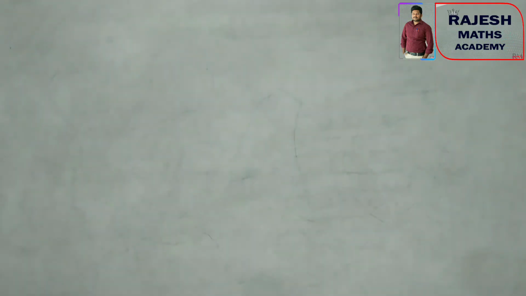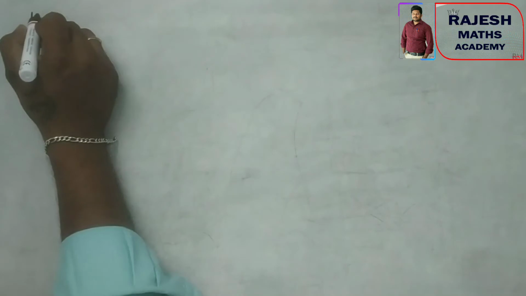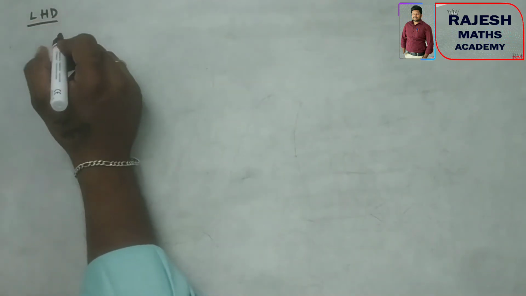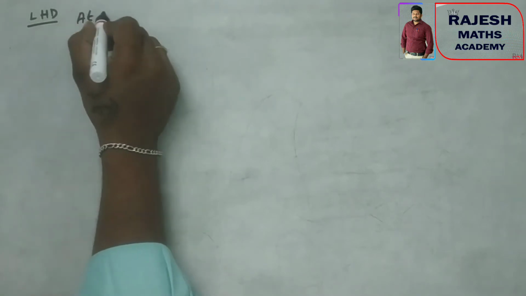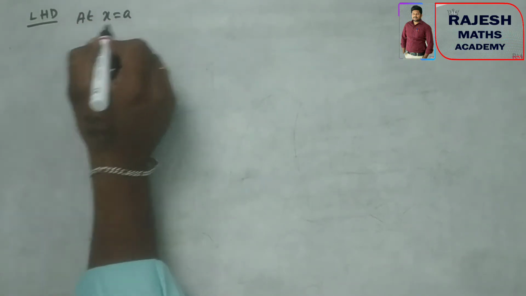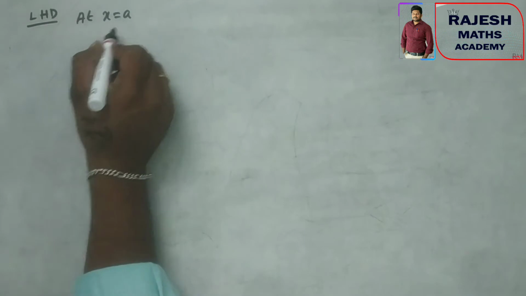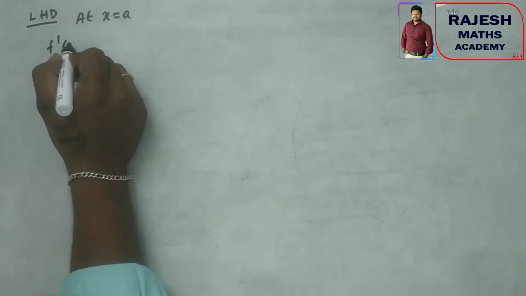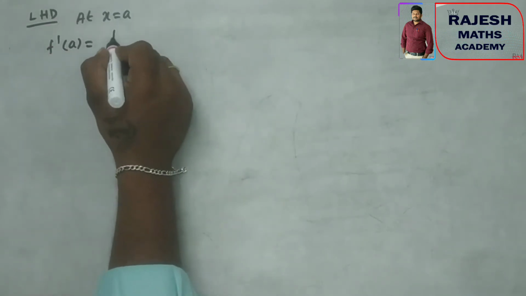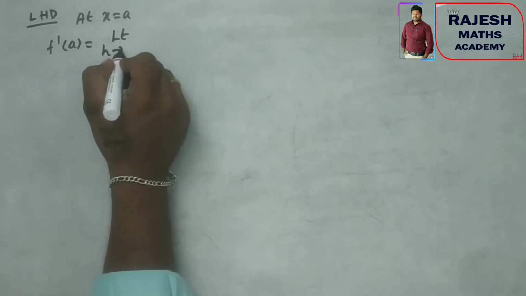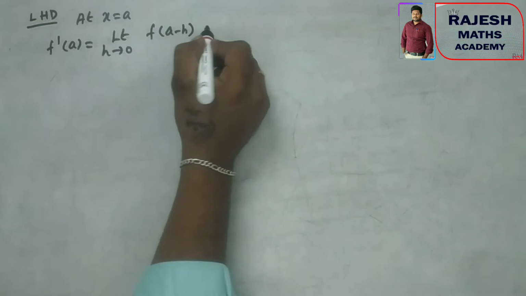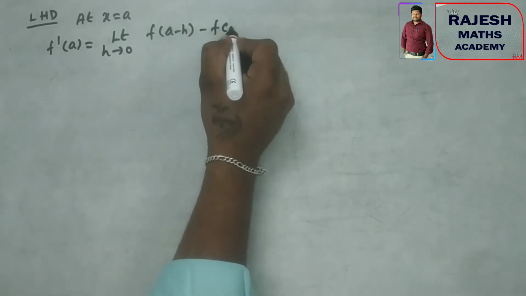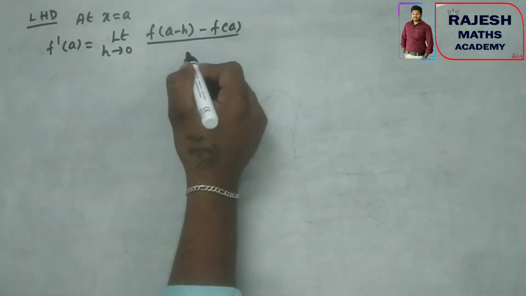It is a very important definition, LHD, that is left hand derivative. For example, I am going to find the derivative of f of x at the point x equal to a. The left hand derivative f dash of a equals limit h tends to 0 of f of a minus h minus f of a divided by minus h.